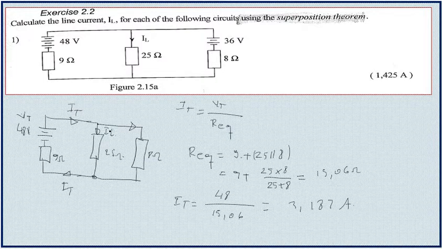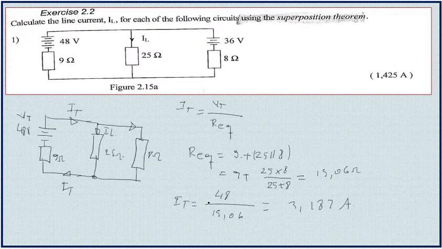IT is not the same as IL. IL is the current flowing in the 25 ohm resistor, but the total current is the total of the current flowing in this resistor and that one.